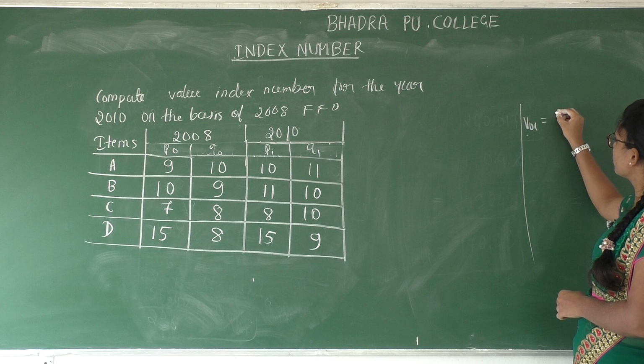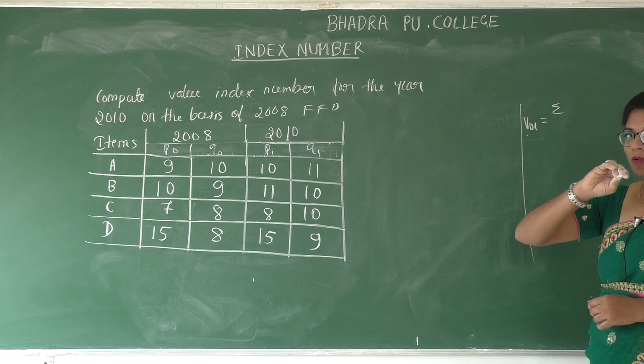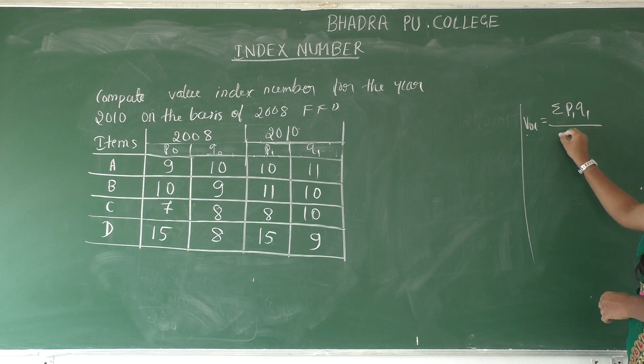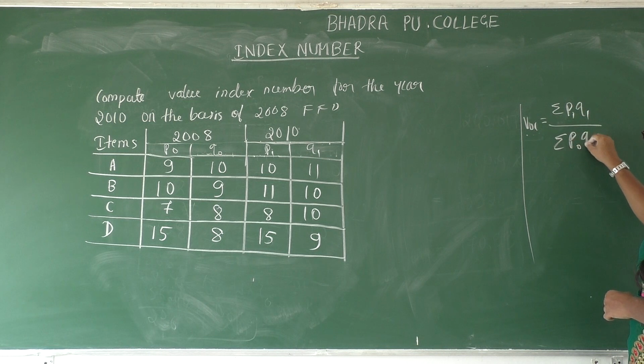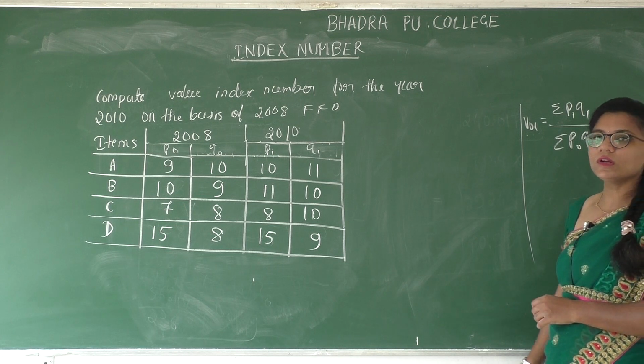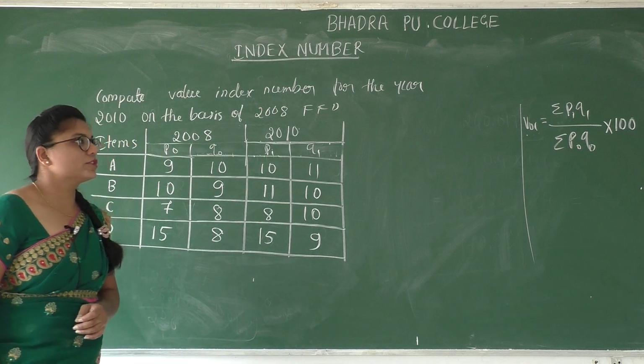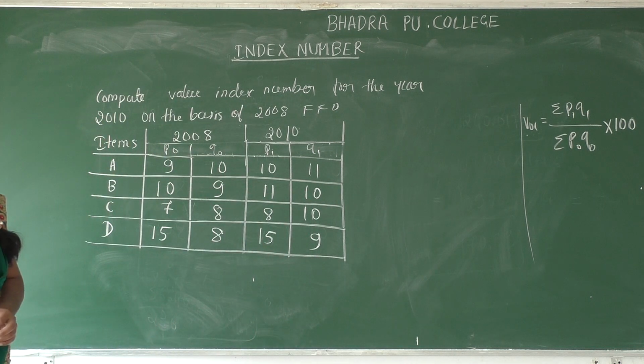So V01 is equal to, what is the formula? We have two formulas here. The first one: sum of P1 Q1 divided by sum of P0 Q0, into 100.